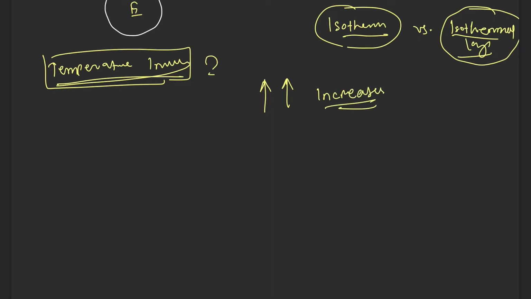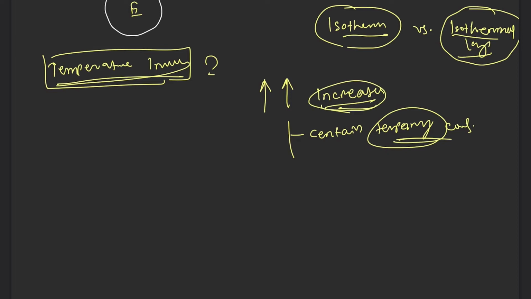Generally it decreases, and that we call lapse rate. But in some specific temporary condition, if we go on increasing the altitude, the temperature increases in the troposphere. That is called temperature inversion.